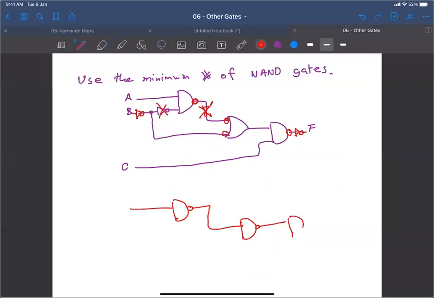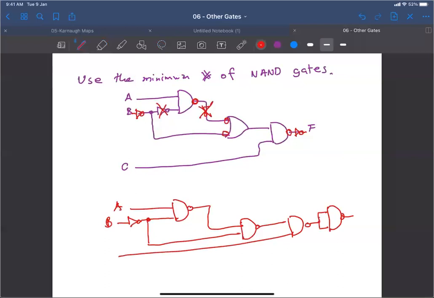And then finally, remember that I need to convert everything to NAND. Yeah, so this is the final answer here.